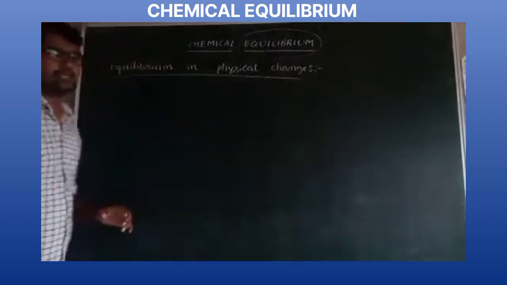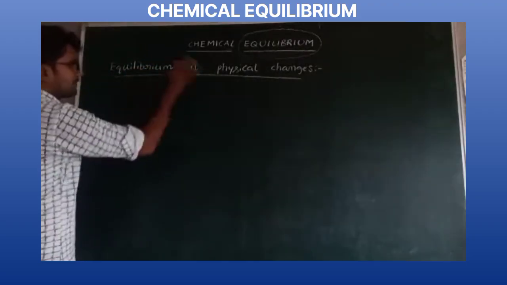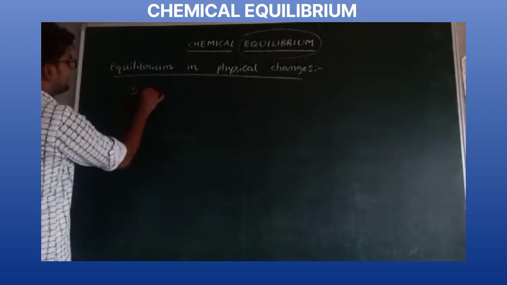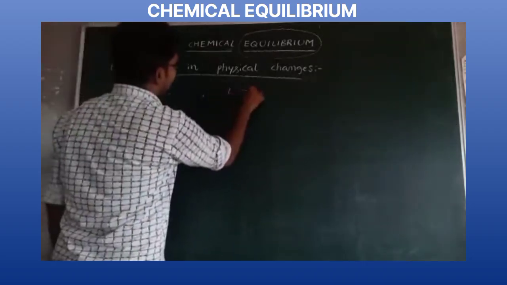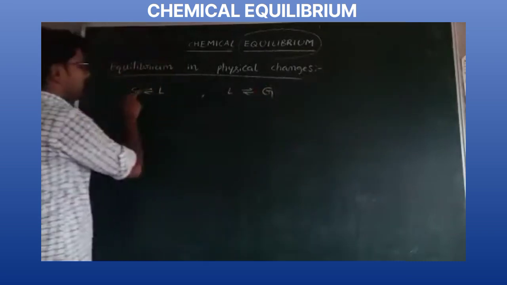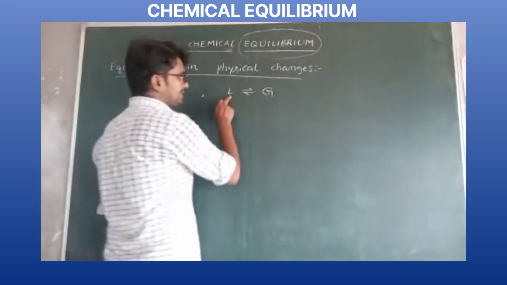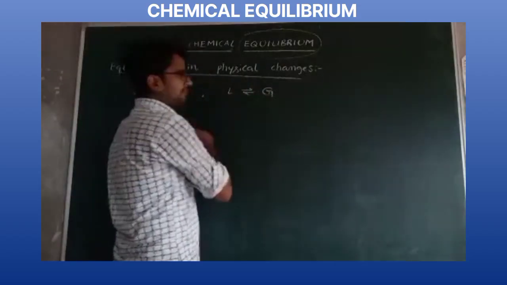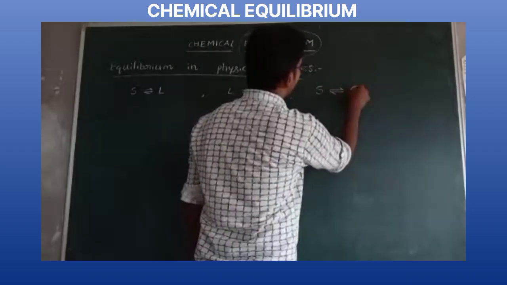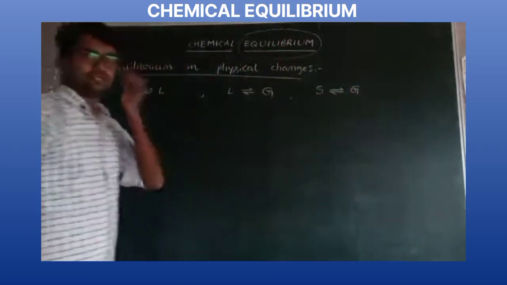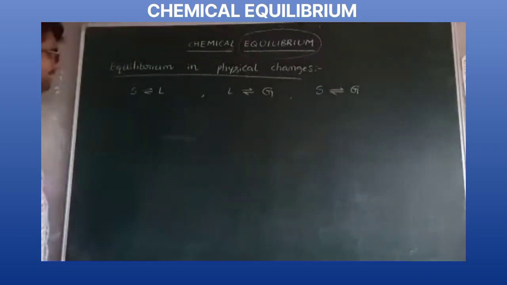Generally, the equilibria observed in physical changes are: solid is converted to liquid, and at the same time liquid is converted to solid. Second, liquid is converted to gas, and gas is converted to liquid. Third, solid is converted to gas and gas is converted to solid. In total, 3 types of physical changes are observed in equilibrium.